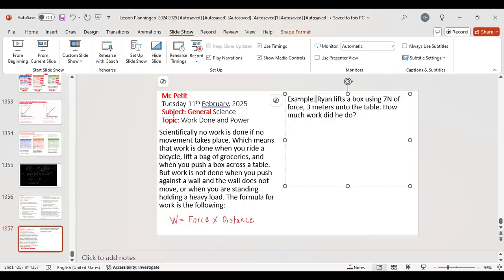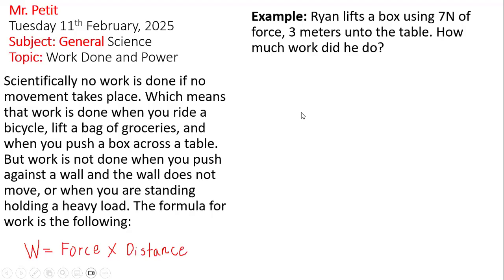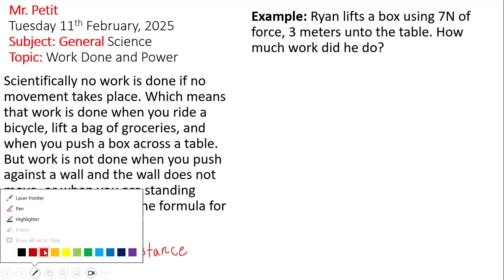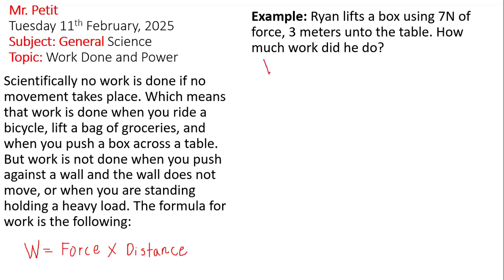So remember, in order for us to find out how much work he did, what must we do? Multiply force by distance. Very good. So work is force multiplied by distance. 7 newtons multiplied by 3 meters.